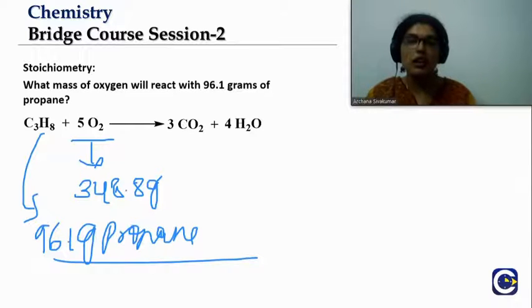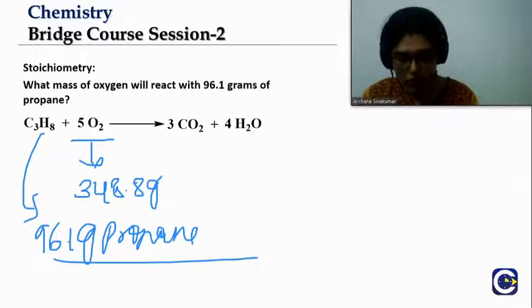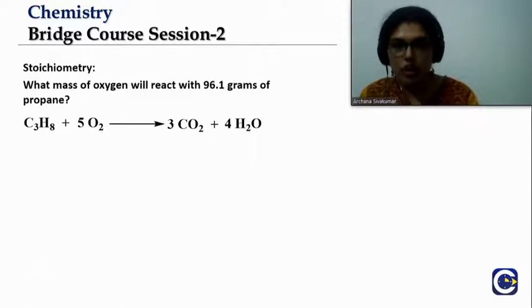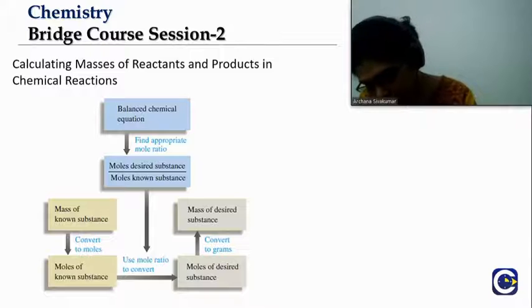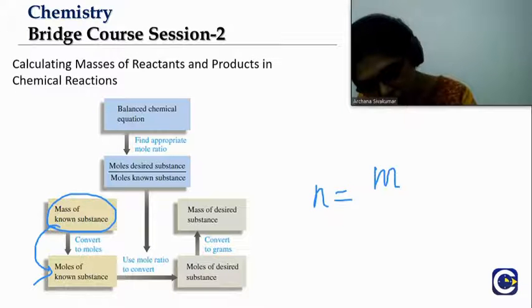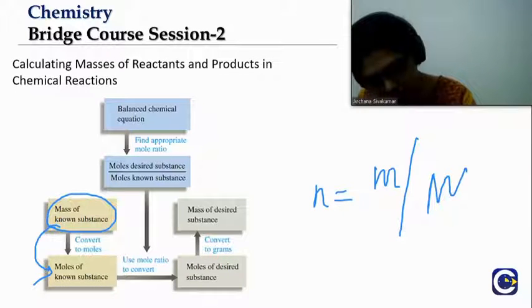So this is what we use when we use a balanced chemical equation. If we have to represent it in a tabular form, whenever a mass of a known substance is given, I convert it into moles by using the formula n equals mass over molar mass. Am I right? Next, what do I do?